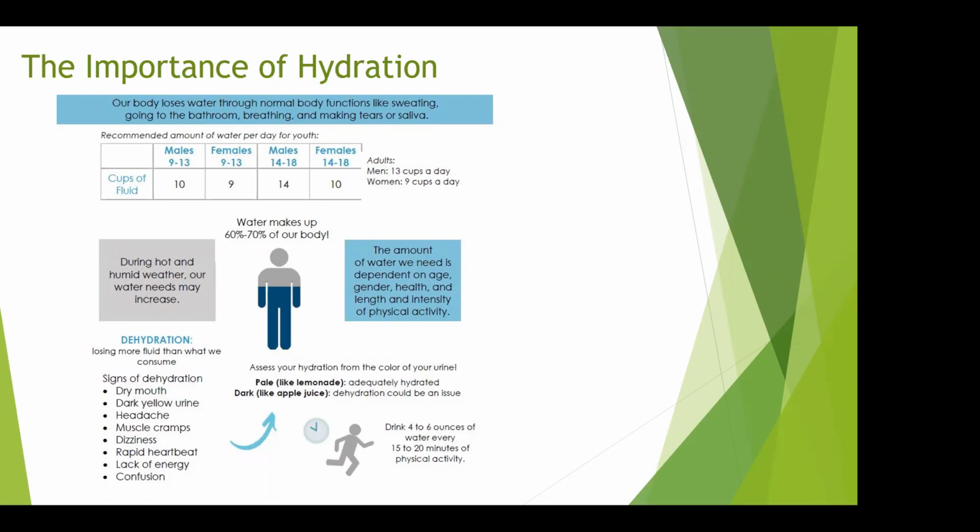So just make sure y'all are hydrating. If you are engaging in physical activity, it's recommended to drink about 4 to 6 ounces of water for every 15 to 20 minutes that you're doing that activity.